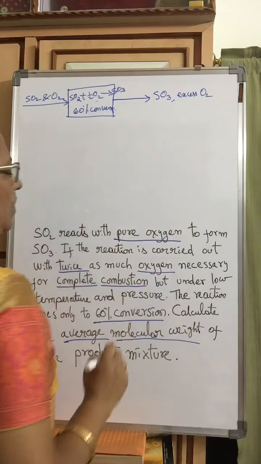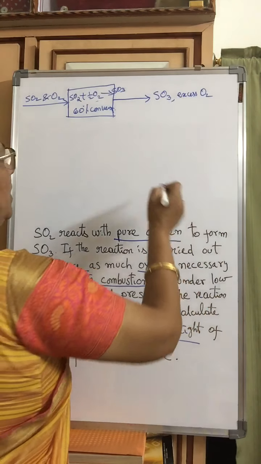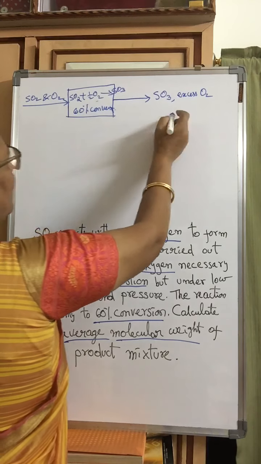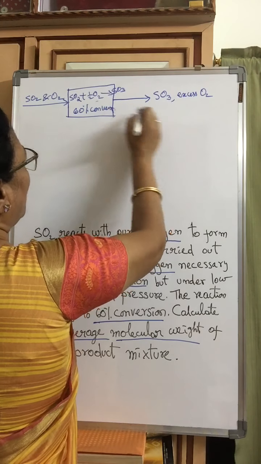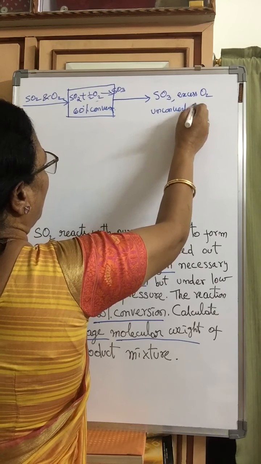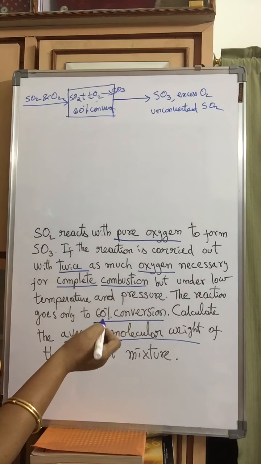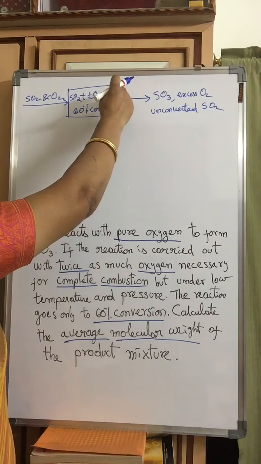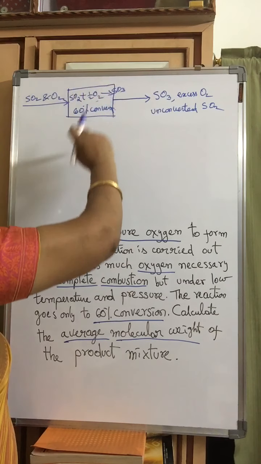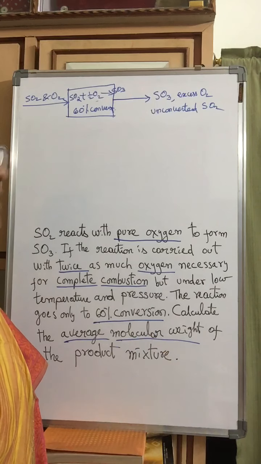And conversion is only 60%, therefore the remaining 40% unconverted SO2 will be there. So the actual SO3 that is formed, the excess oxygen, and unreacted SO2. Only three components are there.